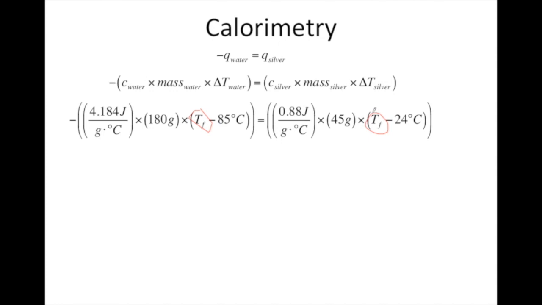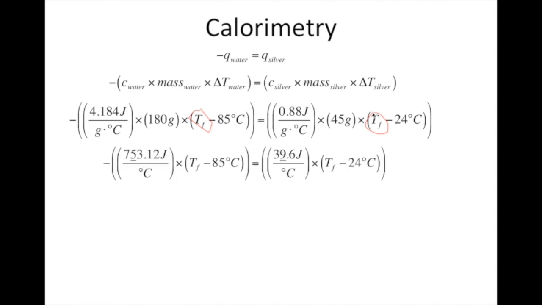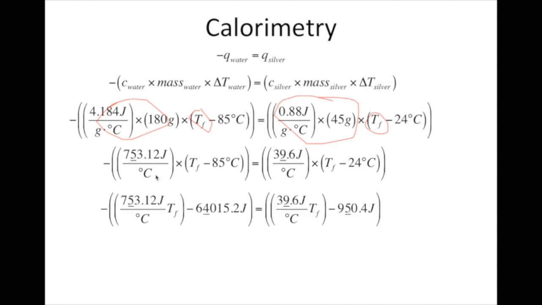Again, pay attention to your algebra, your sig figs, and your units. Okay, so the first thing I did here, I just multiplied these two terms over here, these two terms over here. Again, watch your units. Once I did that, I went through with the distributive property and multiplied the temperature final and the temperature initial by this term right here. Same thing on the other side.